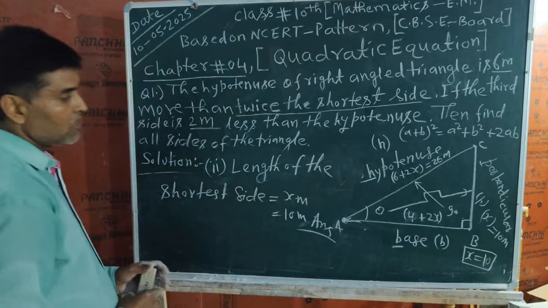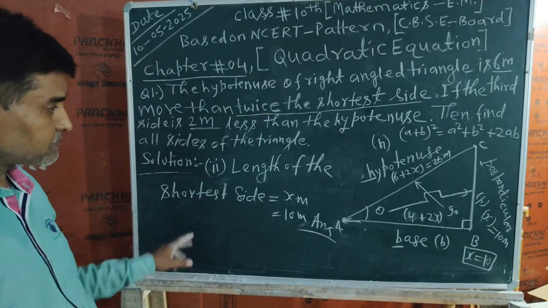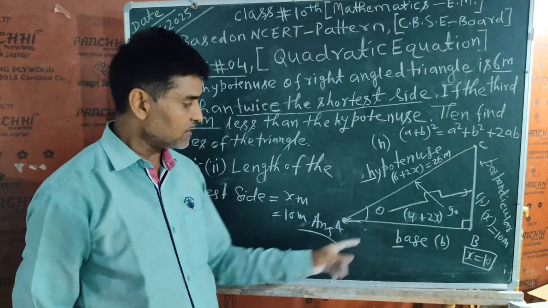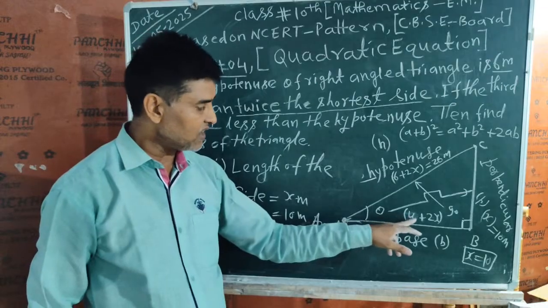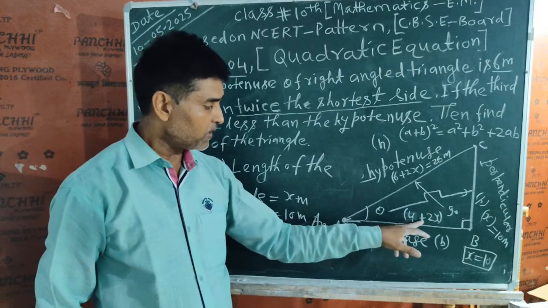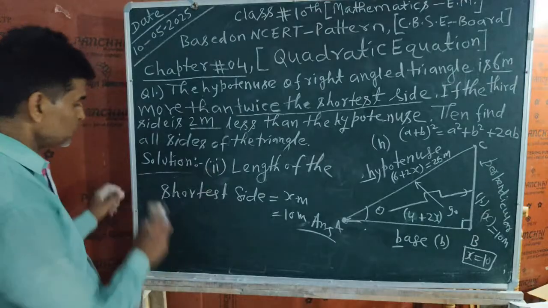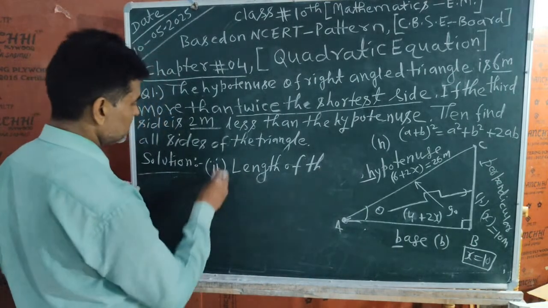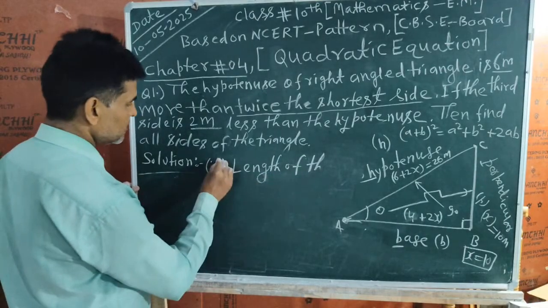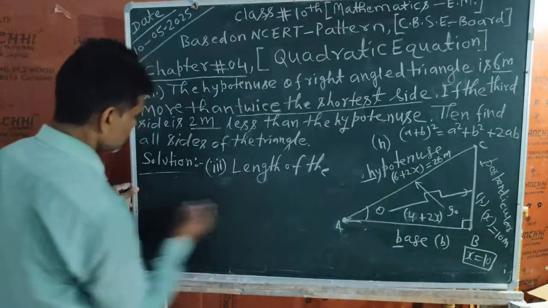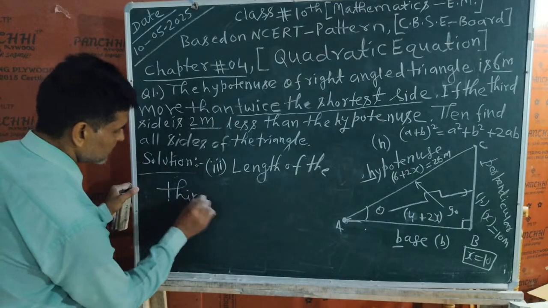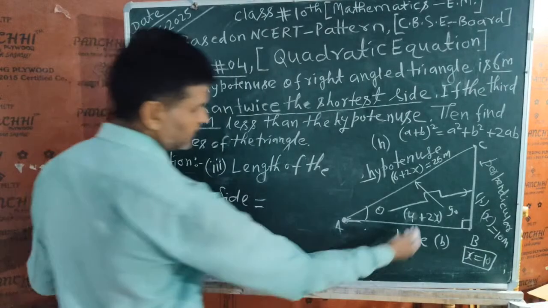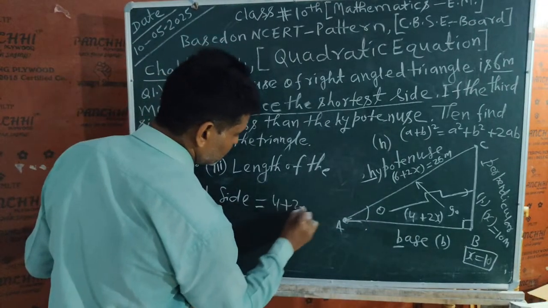Now further I will also write the information which is available for the third side. The length of the third side is 4 plus 2x. Okay, students, so here I will write the length of the third side. Here I have written 4 plus 2x.